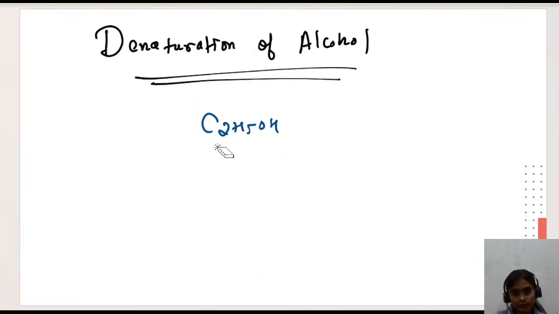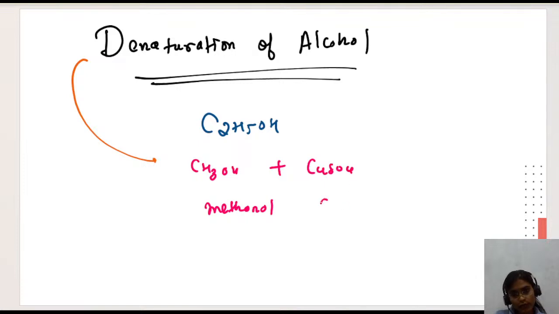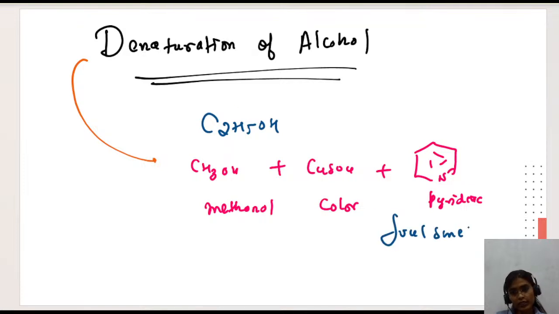So first of all, you use methanol, plus CuSO4 for color, plus pyridine. And this is the reason behind the foul smell. So there are three things: poison is methanol, color is CuSO4, and smell is pyridine. And now this alcohol is unfit for drinking.